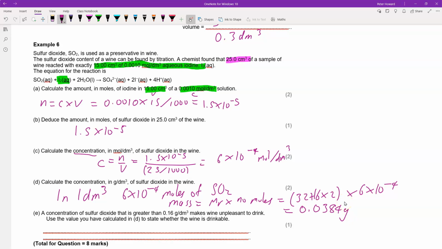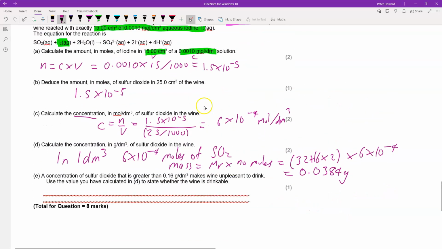grams. Now, again, if we just look at the data, some of the data is two significant figures. So I think an answer of two significant figures or three significant figures is fine. Now, the next bit is again really trying to talk about application of science. It says a solution greater than 0.16 grams per decimeter cubed makes wine unpleasant to drink. Is the wine drinkable? I've just worked out the mass in 1 decimeter cubed, so that's per decimeter cubed.